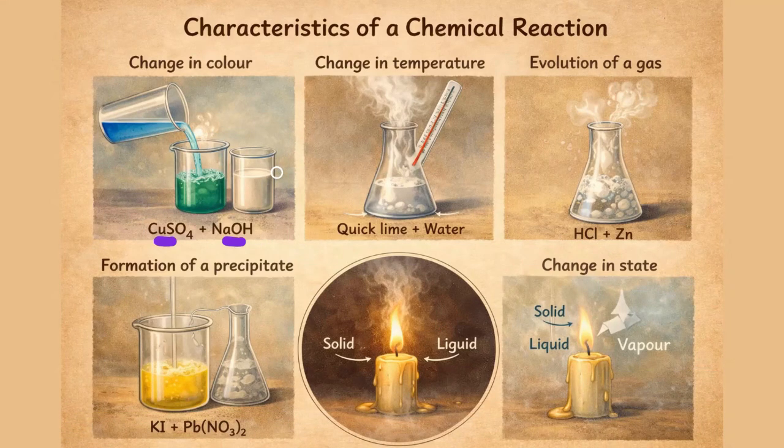Secondly, they can also show change in temperature. Like when you add quicklime into water, the temperature rises. So in this kind of reaction, energy is released, right? Such a reaction is called exothermic. What is exothermic? A reaction in which energy is released.